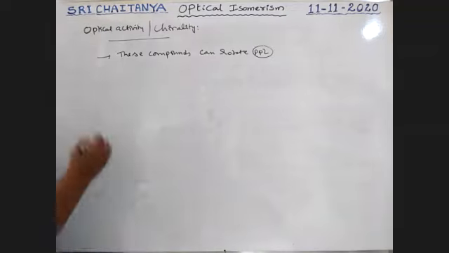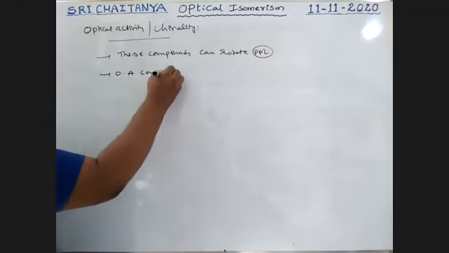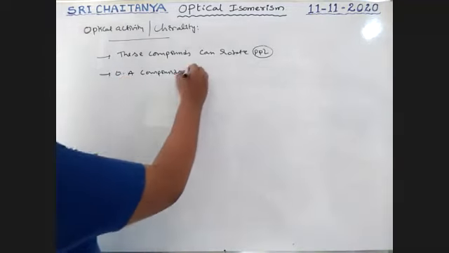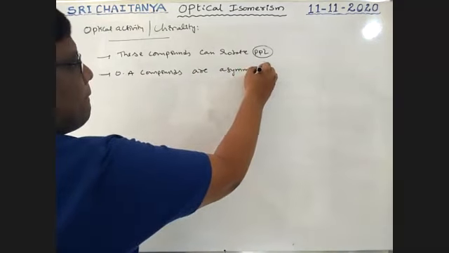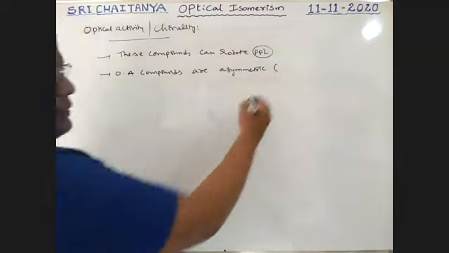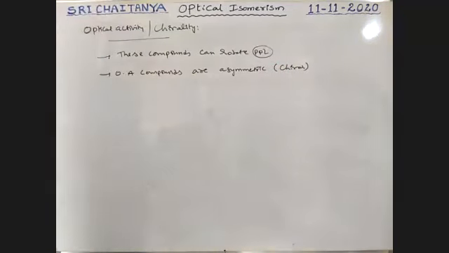So optically active compounds are asymmetrical, that means chiral, boys. Asymmetric is called chiral.